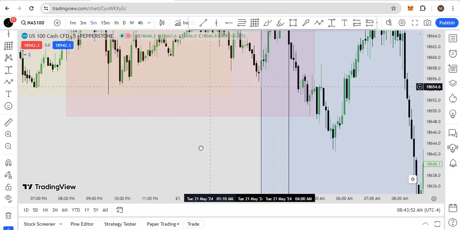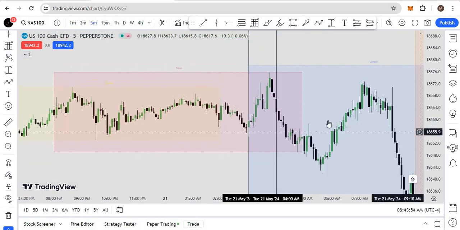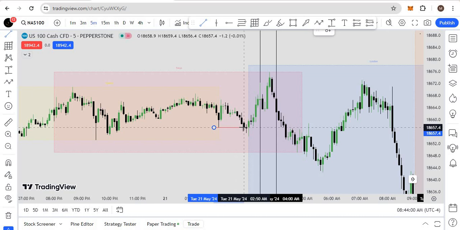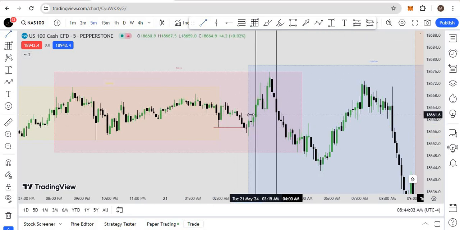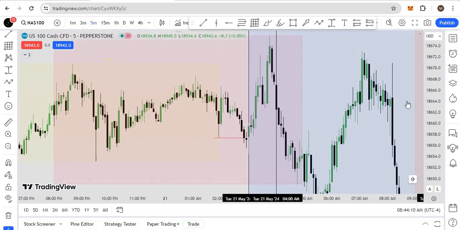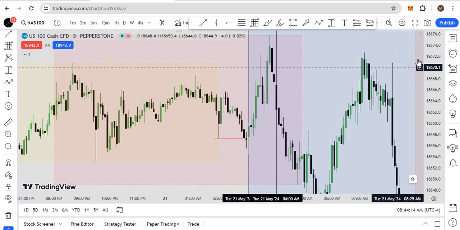So what happened at the opening? Price took the liquidity, as you see here. Then price made a market structure shift and gave us a fair value gap. Folks, note this point: many times ICT said there is no need for a market structure shift in this type of setup.